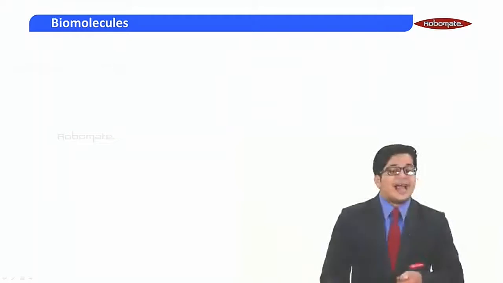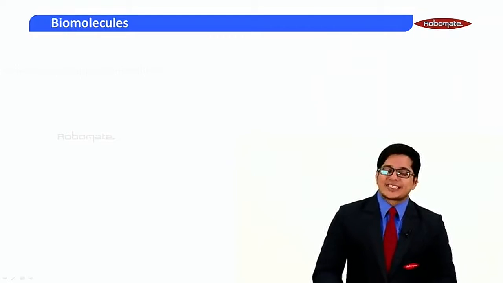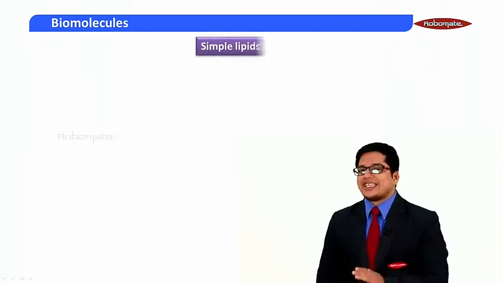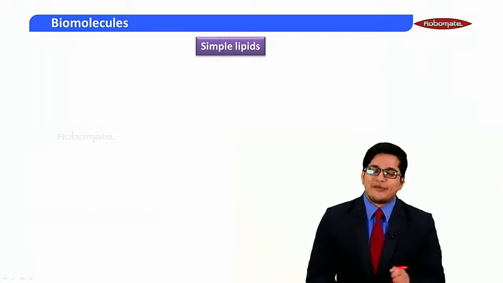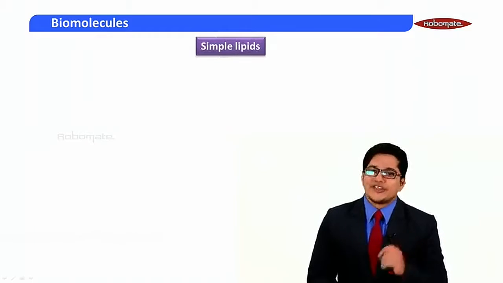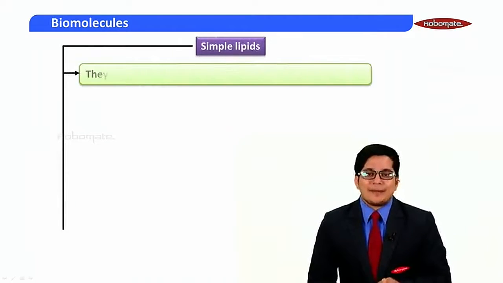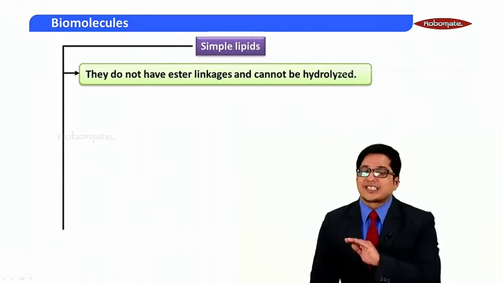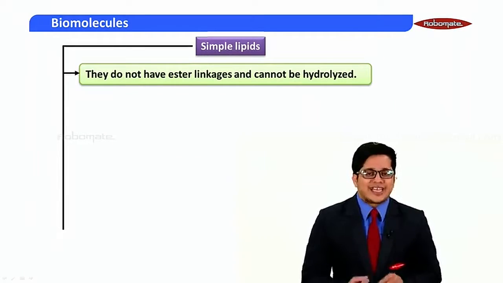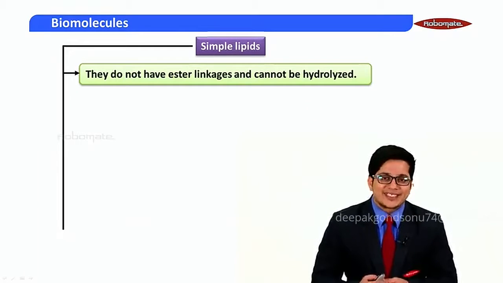Let's move further, and now let's start the discussion of the next category, that is simple lipids. Herein we have some properties which you need to remember. The first property is that simple lipids are those lipids which do not consist of ester linkages and hence cannot be hydrolyzed.